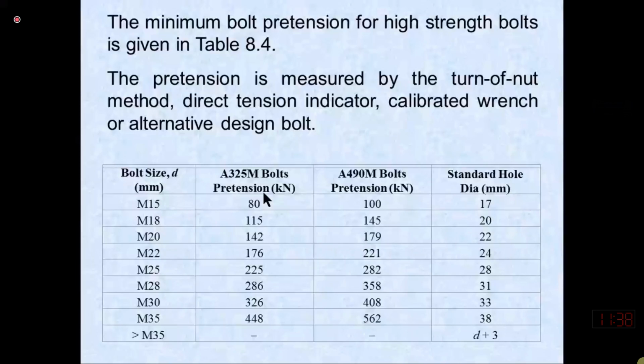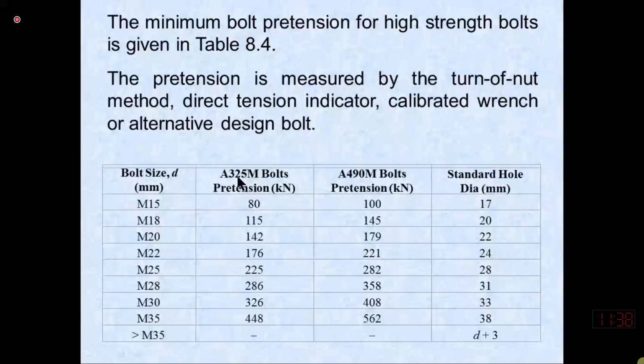So if we are using an M15 bolt of grade 325, we need to provide a pre-tensioning of 80 kilonewton. Similarly, if we are using an M25 bolt and it is grade A325, then we need to provide a pre-tensioning equal to 225.